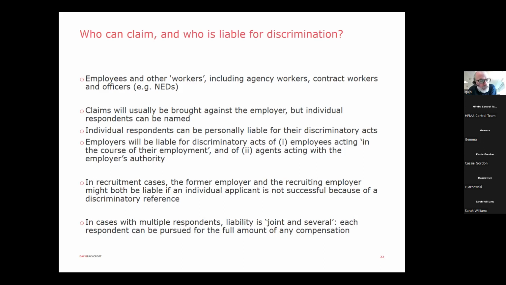If it decides that both are liable and awards compensation, what joint and several liability means is that the claimant can claim the full amount of the damages from either the manager or the trust, and it's completely a free choice for them, which is a very strange outcome from the perspective of the parties to the claim, but that's what joint and several liability means. So if you are involved in one of those claims where there are multiple respondents, it's something to bear in mind in terms of managing how the claim is dealt with by your lawyers and generally.